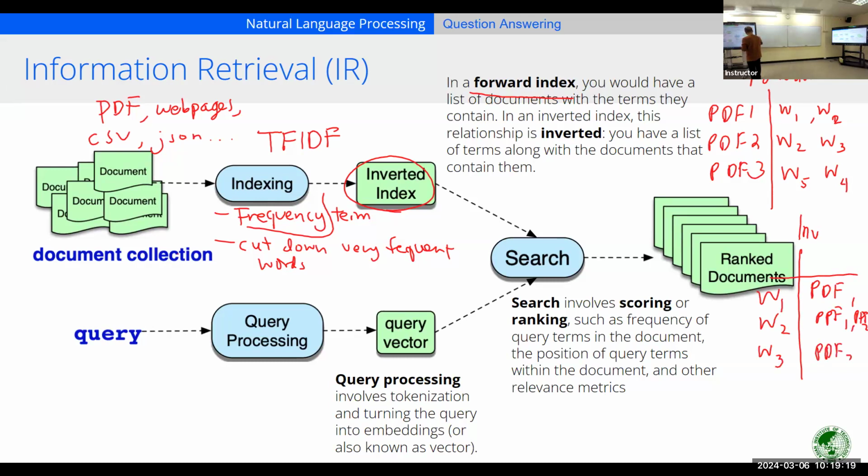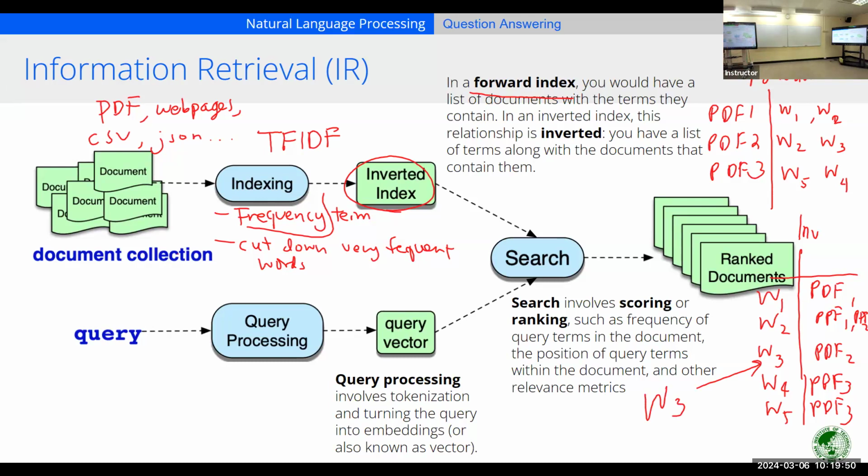Word 4 is in PDF 3, and Word 5 is in PDF 3, right? This is much better. This is called an inverted index, and this is how things look in the real world. Because maybe you search some word, maybe cat, and you can see, oh, then this document is relevant, right? So it supports very efficient search.